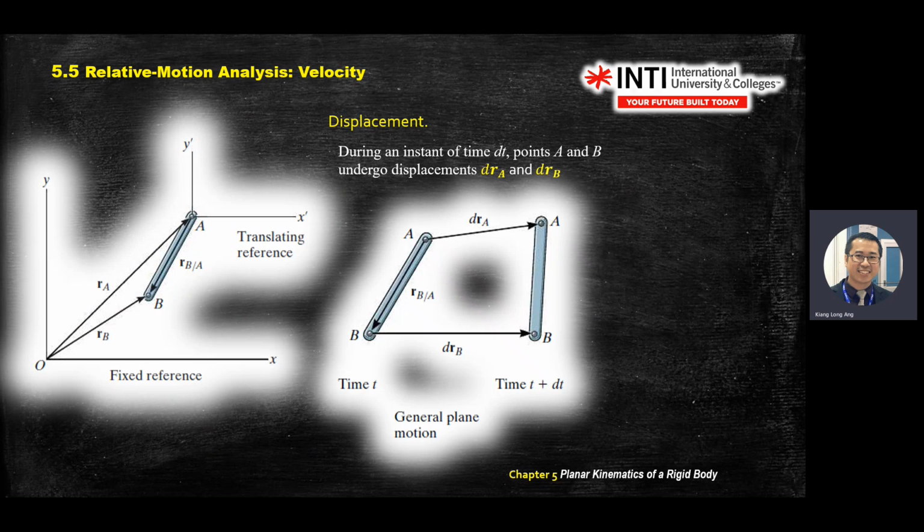So A will move a distance of dr A, B will move a distance of dr B, and this is the distance between A and B. So this is R B stroke A, which means the position of B from A.